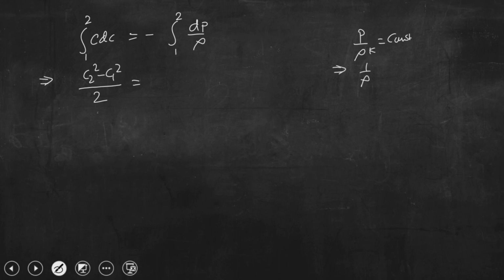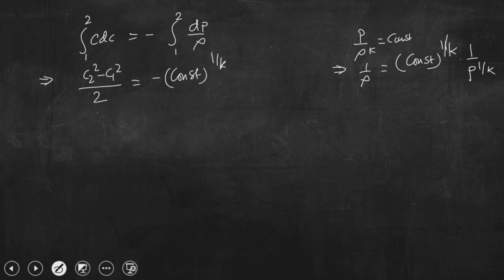Therefore, 1 by rho equal to constant power 1 upon k into 1 upon P to the power 1 upon k. So, this is the expression that we can write. Okay. So, we can write minus constant power 1 upon k into integral 1 to 2 dP by P power 1 upon k.